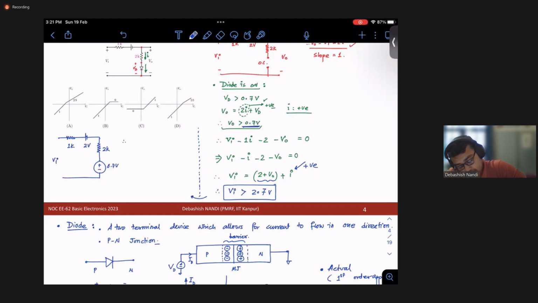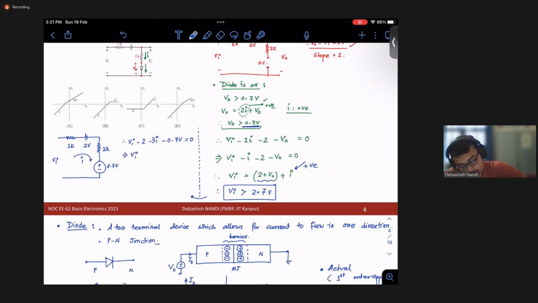Then what is your Vi? Vi minus, let's see, I is flowing. So in series, Vi minus 2 minus 3I, because 3 kilo ohm resistance is in series, minus 0.7 volt is equal to 0, right?